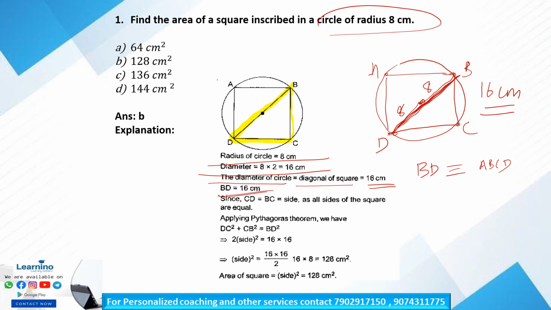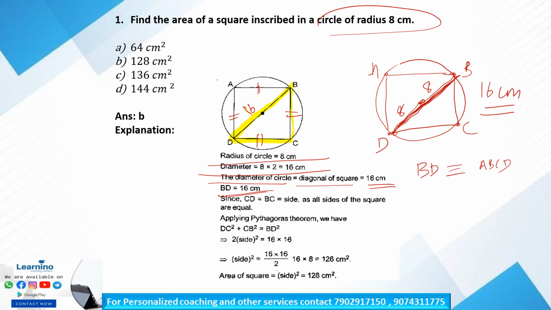Let us consider the triangle BDC, with BD of 16 centimeter, that is the diagonal of the square, or the diameter of the circle. We know that the sides of a square are equal, so AB is equal to BC is equal to CD is equal to AD.